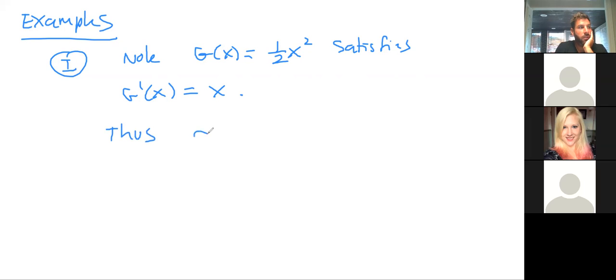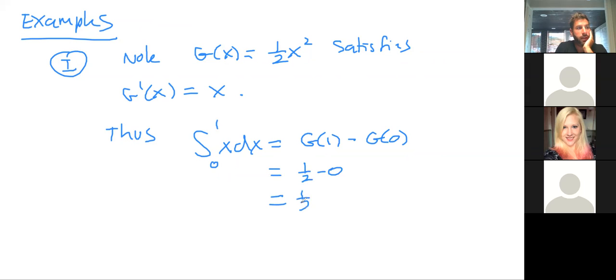Thus, the integral from 0 to 1 of x dx by the fundamental theorem should be g of 1 minus g of 0, which is 1/2 minus 0, which is 1/2. That's what we got.